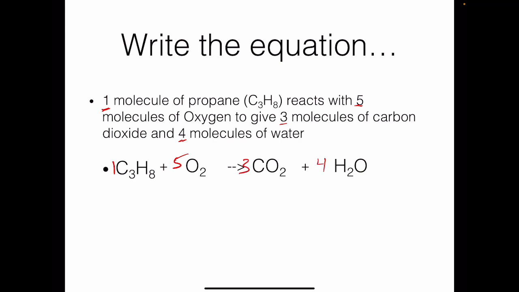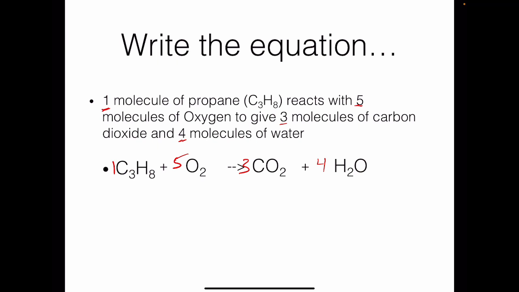So remember in chapter 8, we learned about the mole and how the mole represented a quantity that we could use to discuss something. And that quantity is 6.022 times 10 to the 23rd atoms, molecules, whatevers that we're talking about.